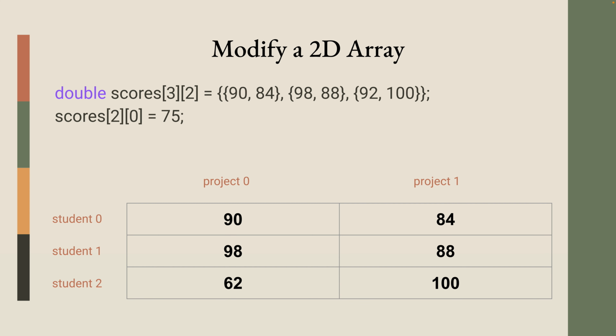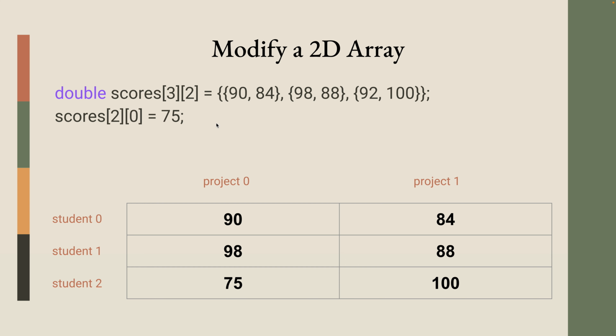Okay, so now if we want to modify a 2D array, very similar to modifying a 1D array, scores 2 of 0. Which element here is going to change to 75? 62. Yeah, so we go to row 2, column 0, which is 62, and that's going to change to a 75. This scores 2 of 0 acts just like a variable.